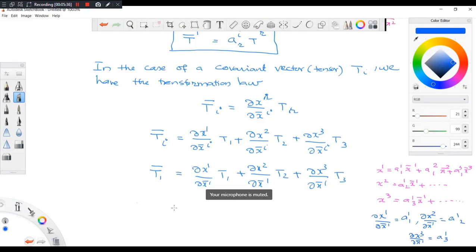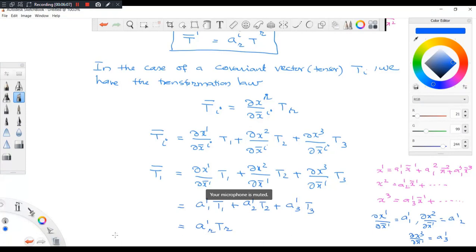Now substitute these values here. So here I am getting A11 T1 plus A12 T2 plus A13 T3. Okay, so this is nothing but A1R TR. Okay, so this is what I am getting.